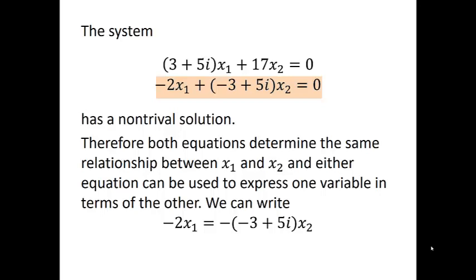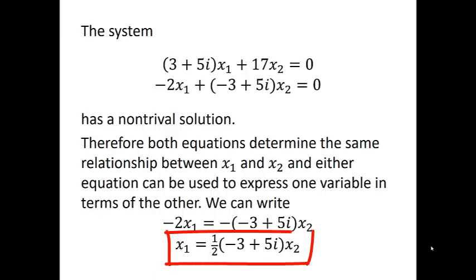So we get -2x1 equals -(-3 plus 5i) x2. So just subtract to the other side, divide both sides by -2, and we get a relationship between x1 and x2. So x1 is 1/2 times (-3 plus 5i) x2.